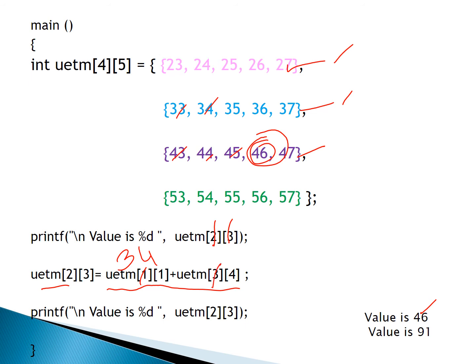Array 3, so that means 0, 1, 2, 3, the green one, and element index 4, so 0, 1, 2, 3, 4, so 57. So the output is 91. So that's how we access and use the array elements.